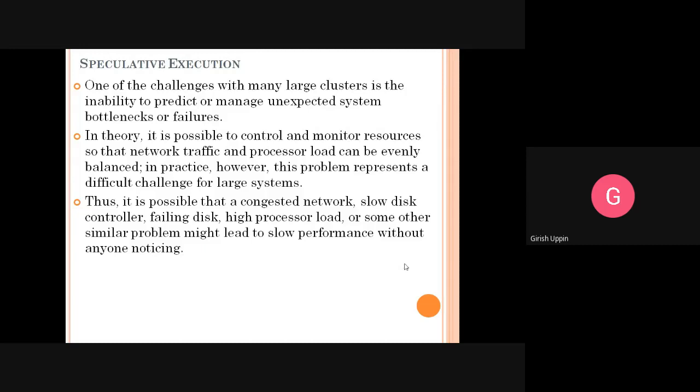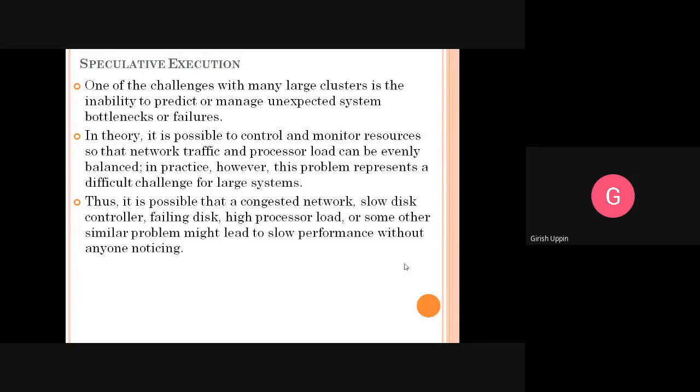In a theoretical sense, we can look into the network traffic and how much each processor is loaded, whether it is loaded evenly or not, but in the case of large systems this becomes a challenge. Thus it is possible that a congested network, slow disk controller, failing disk, high processor load, or some other similar problem might lead to slow performance without anyone noticing.